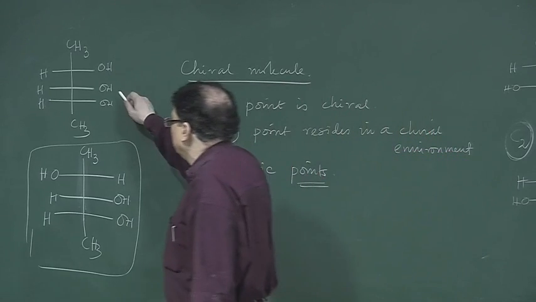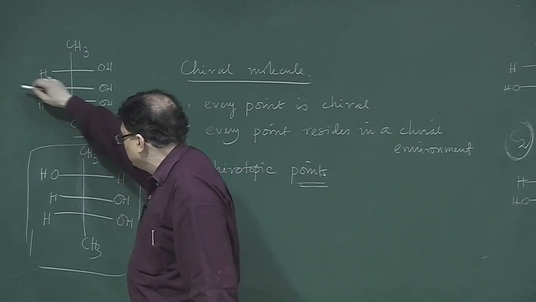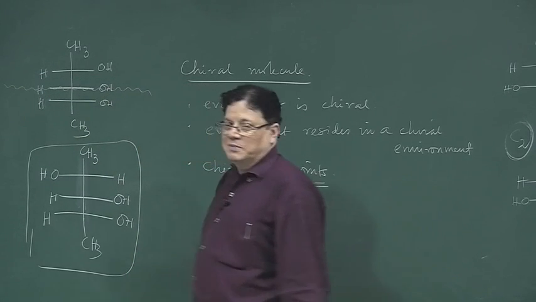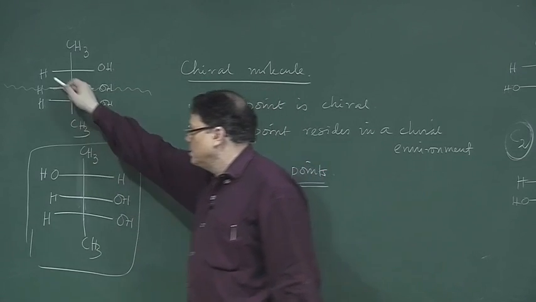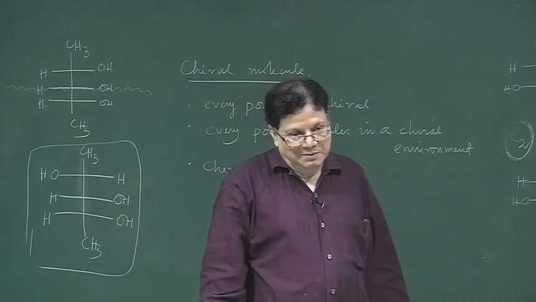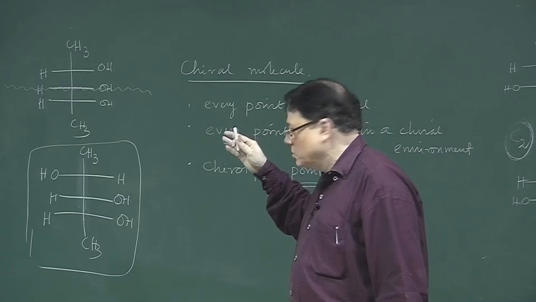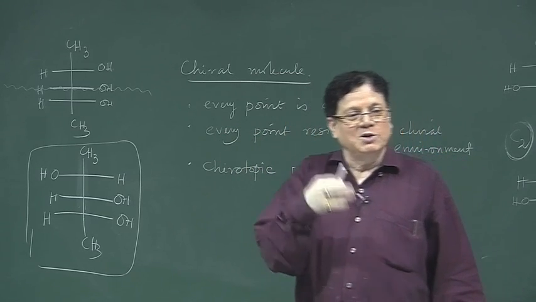Like the top molecule, I can immediately say that it is not a chiral molecule, because it has got a plane of symmetry passing through this. This is the mirror image of this, that is the mirror image of this. So, the top molecule is not chiral, because it has got this sigma. Okay. If you are a little bit advanced, you can say because it has got S1.